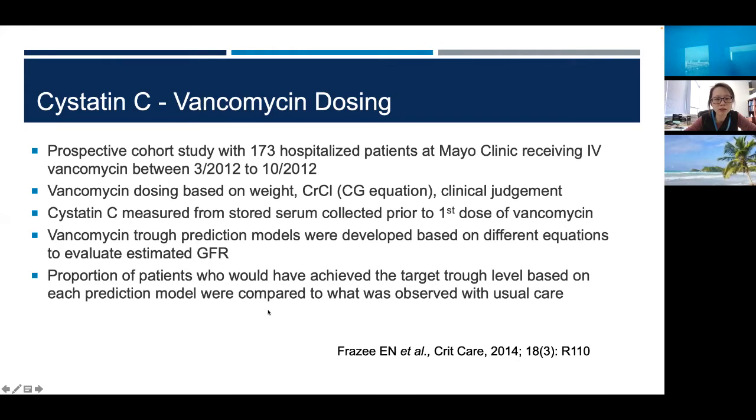A vancomycin trough prediction model was then developed based on different equations to evaluate eGFR. They looked at the proportion of patients who would have achieved the target vancomycin trough level based on each prediction model using a different eGFR equation, and compared that to what they actually observed in their patient population.